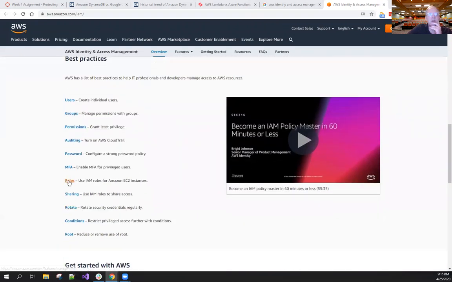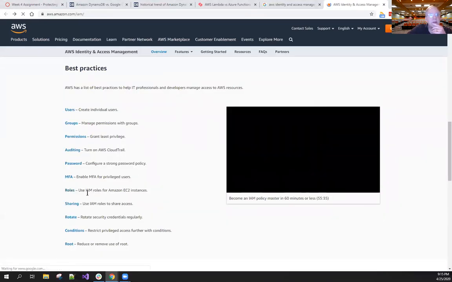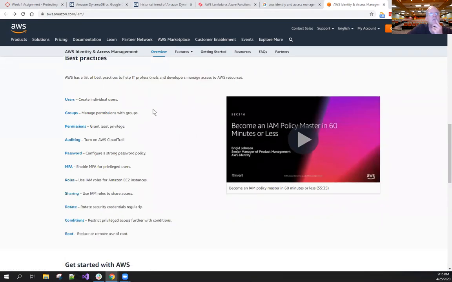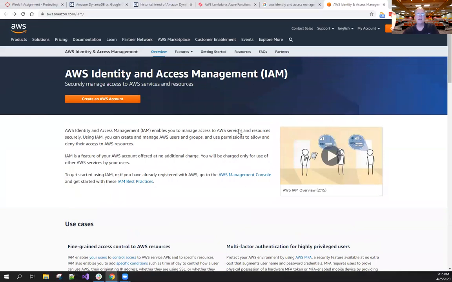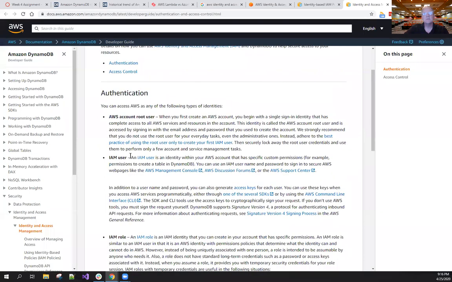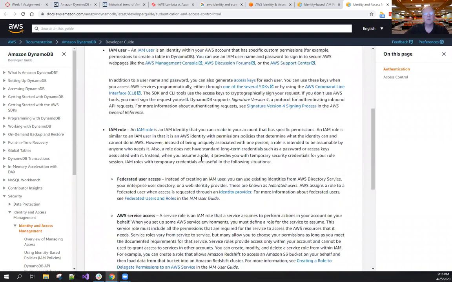This is something I want to talk about, these roles. Looks like the roles are associated with EC2 instances, which kind of surprises me. Let me just double check usage of IAM with DynamoDB. So there is IAM for Amazon DynamoDB. Set up users. You have management console manages.